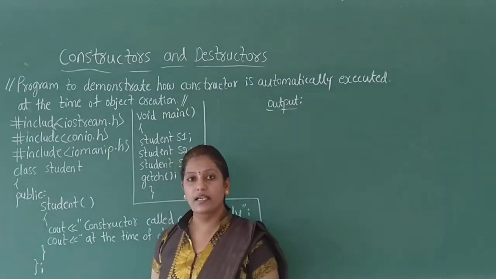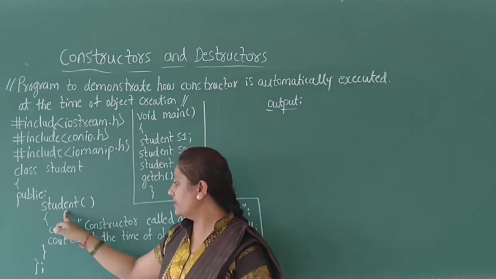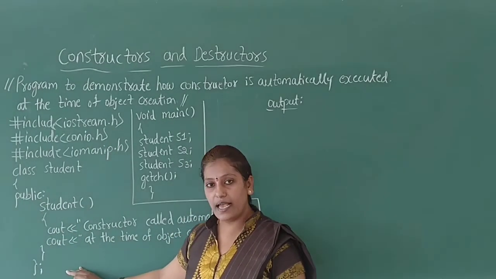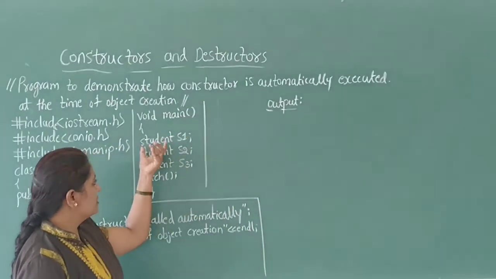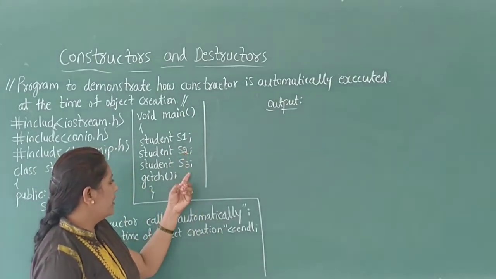Next, it creates the class student, and in the public section the constructor is declared, and here the class ends. In the main function, using the class, 3 objects are created: S1, S2, S3.